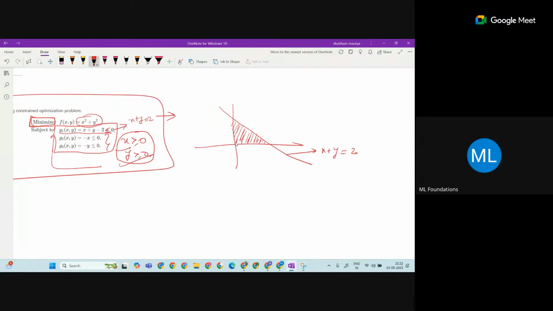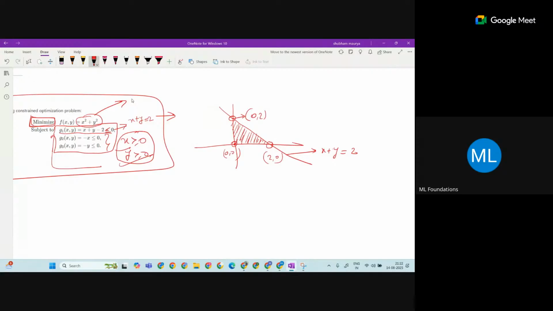Now I said the optimum solution is on the corners. On the corner, this point is 2, 2. Sorry, not 2, 2, this is 0, 2, and this is 2, 0, and this point is 0, 0. Now substitute one by one.